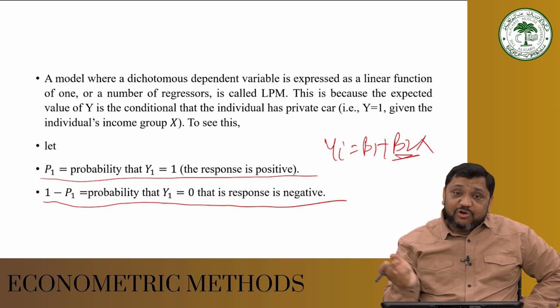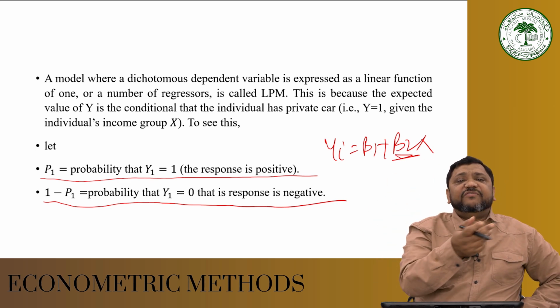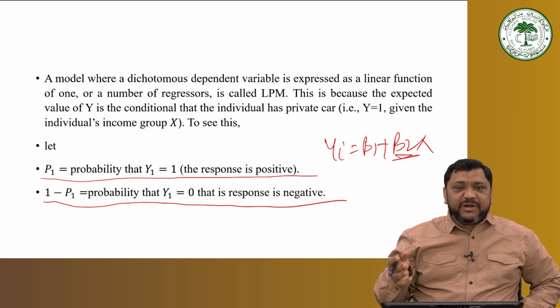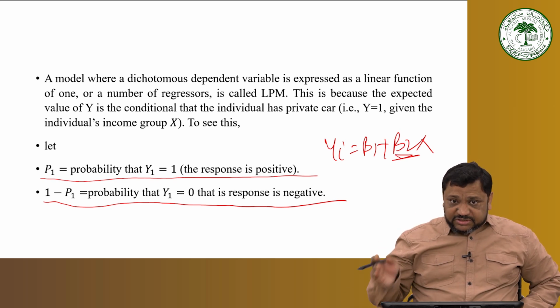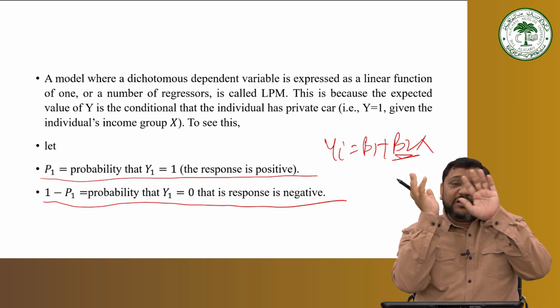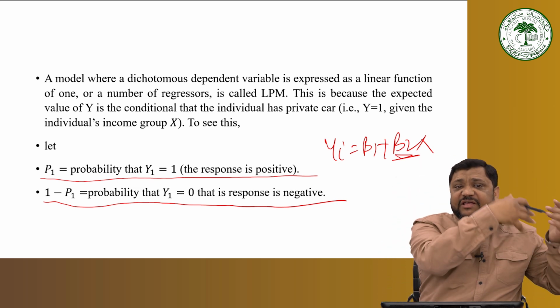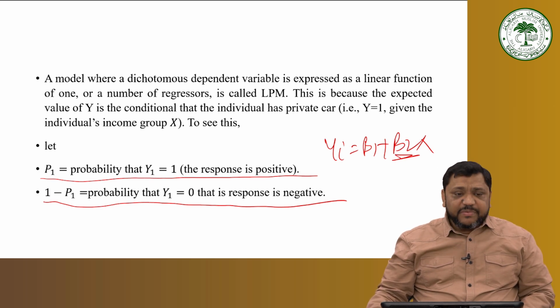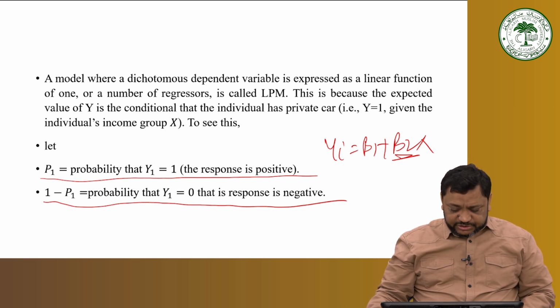Means you have yi is equal to beta 1 plus beta 2 xi. So when there is an increase or decrease in income, what is its impact on the probability that he will have a car or not have a car is what we will determine here in our discussions.